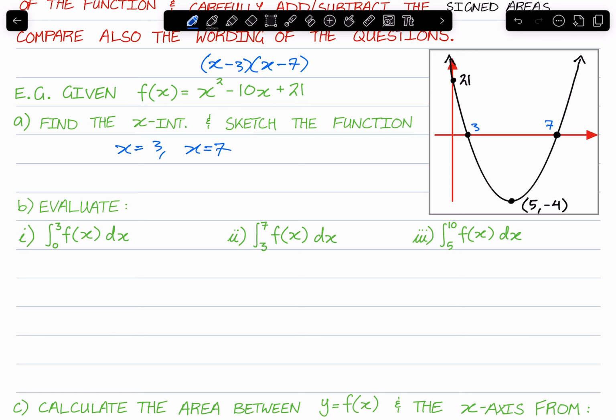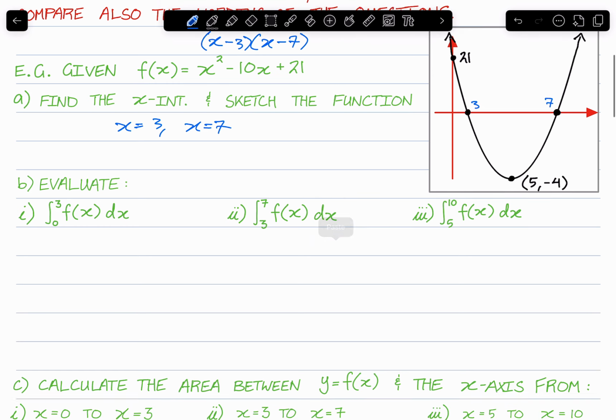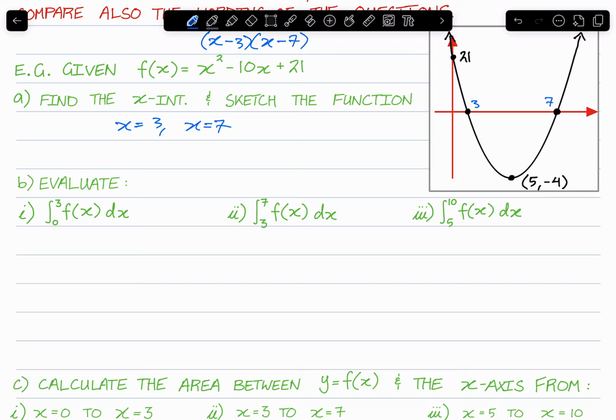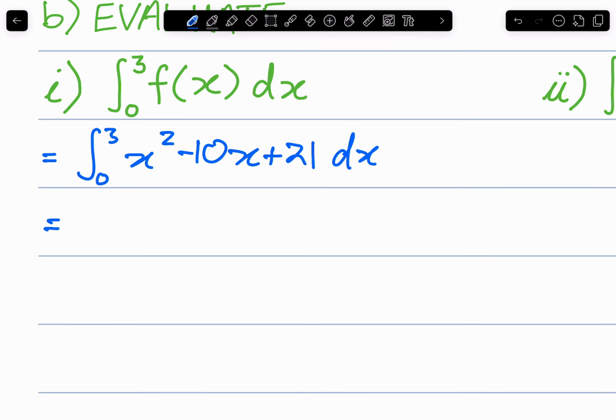If we were to now evaluate this integral, it's going to be the integral from 0 to 3 of x squared minus 10x plus 21 dx. Integrating this, we get 1/3 x cubed minus 5x squared, 10 divided by 2 is 5, plus 21x from 0 to 3.